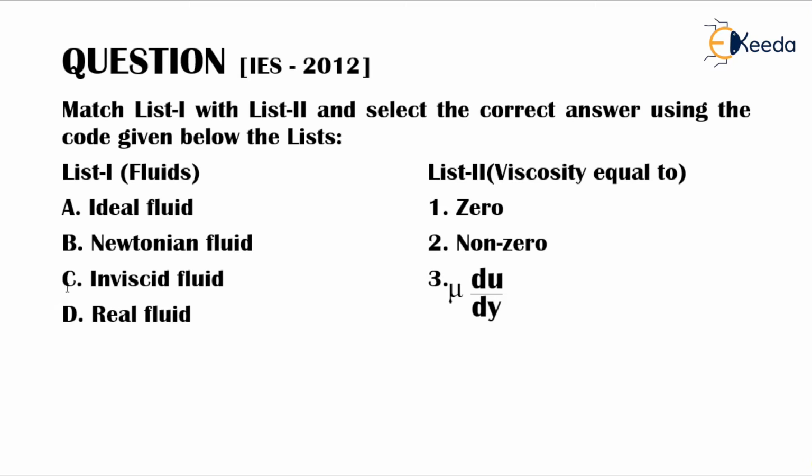Next, we will see this ideal fluid. The viscosity of an ideal fluid is zero. For the case of a Newtonian fluid, a Newtonian fluid is something which follows this rule. Here viscosity will be constant, but it will be related to this rule. So we can write like this.